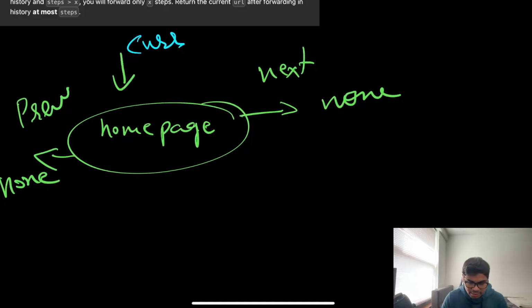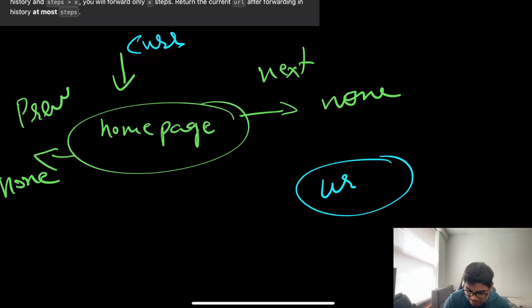All right, then in the visit method, if I'm visiting some page, what I will do is create that URL node. It will take the URL value, its previous pointer will point to my cur, and next will be None.